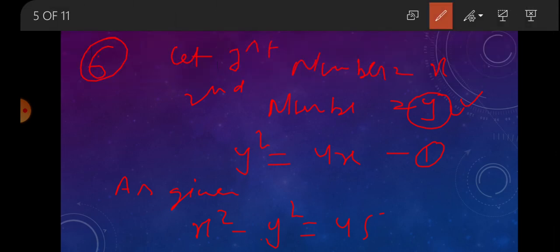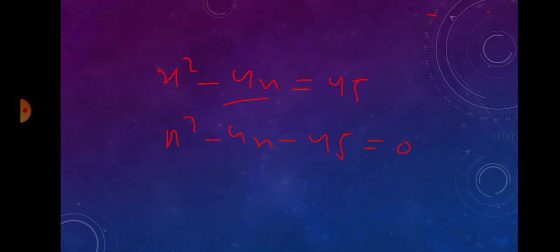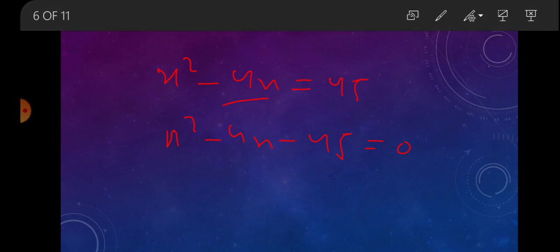But technically for this particular chapter you cannot assume y or use a second variable, but in some questions you have to, or since you are solving all these questions for the first time, therefore I have assumed y, but finally I have replaced y square by 4x. So this is what you can do. So be careful, in this particular chapter you will use only one variable. It can be x, it can be y, or it can be any other variable. So from this particular equation you can get the value of the y.